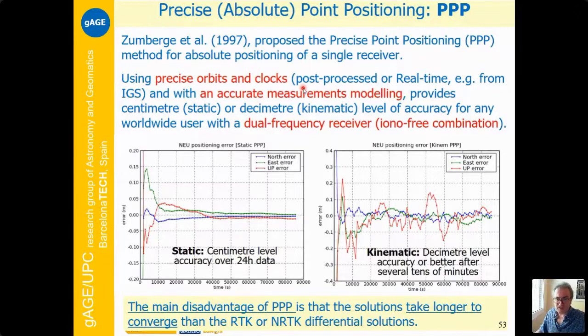This is because the precise orbits and clocks at that time were not available in real time. Now, precise orbits and clocks are available in real time, and we can use this technique in real time.